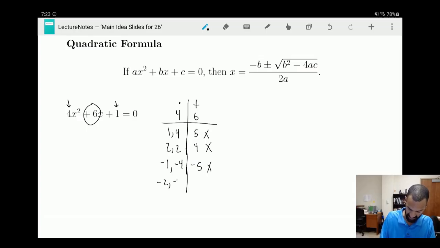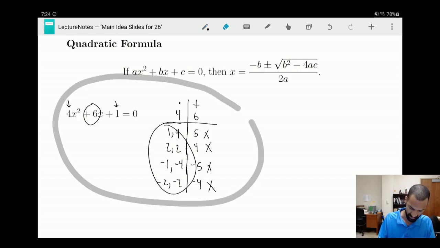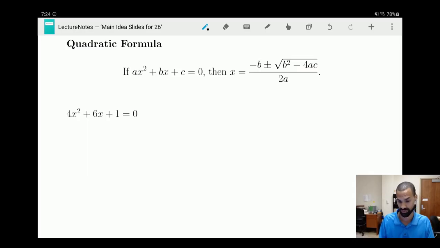I'm running out of options here. So there are no integer pairs that'll work for me. So whatever would work for me, those would be some complicated numbers, either complex numbers or irrational numbers. I don't really know. So what I'm going to have to do then is use the quadratic formula. So if you can't factor it, quadratic formula.